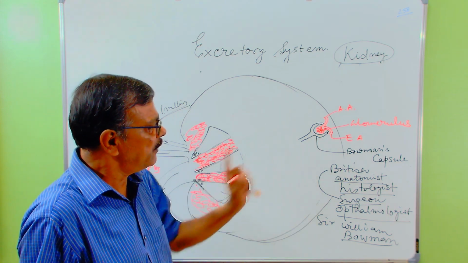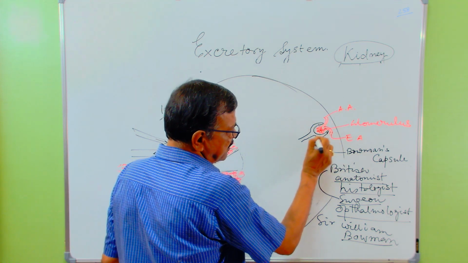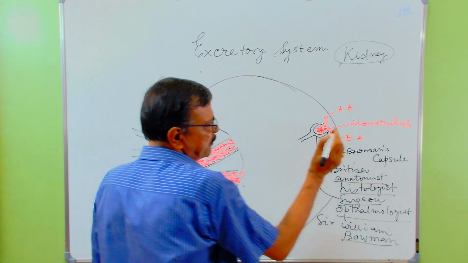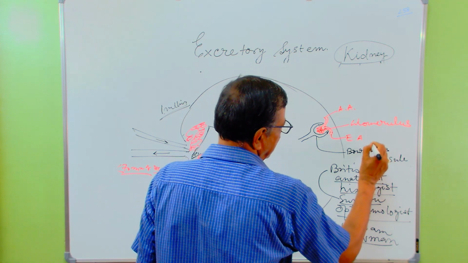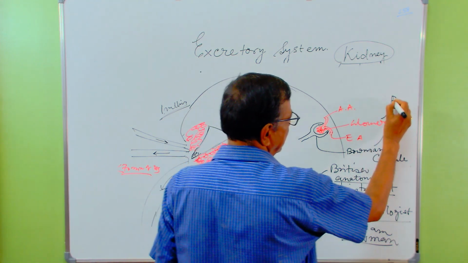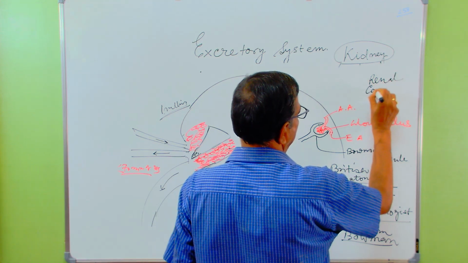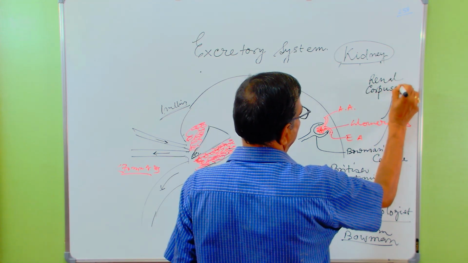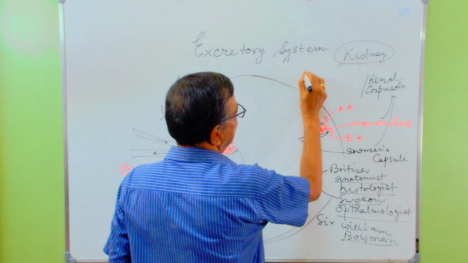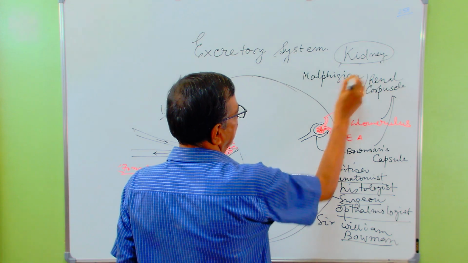The nephron starts with this. Glomerulus and Bowman's capsule are collectively called the renal corpuscle, or Malpighian corpuscle.